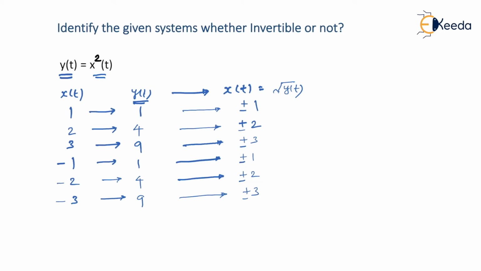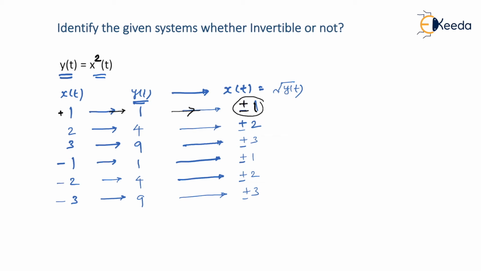So now let us see, did we get original x of t or not? I'm talking about first example. For x of t, which was positive, you got y of t as 1, and when you apply this 1 to square root system, you get plus or minus 1. Am I right? So you're getting plus 1 or minus 1.